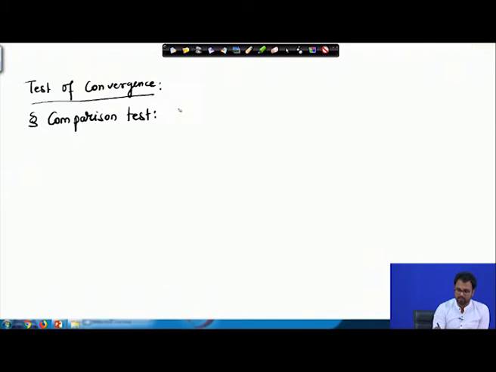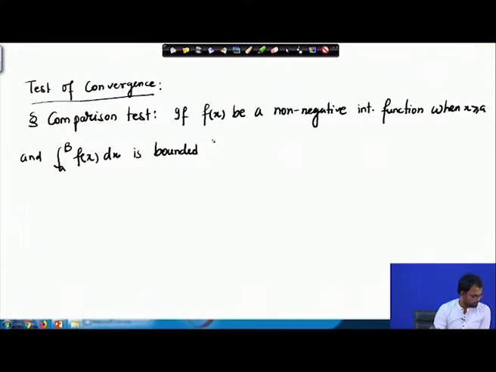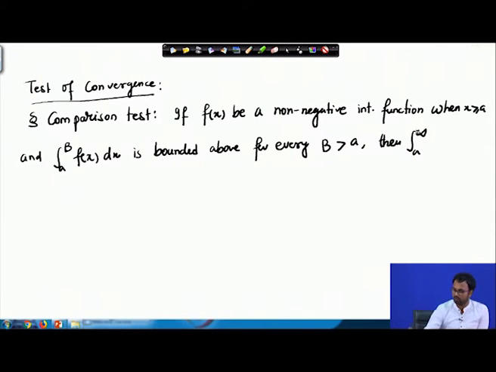It says that if f(x) is a non-negative integrable function when x is greater than or equal to a, and the integral from a to b of f(x) dx is bounded above for every b greater than a, then the integral from a to infinity of f(x) dx will converge.